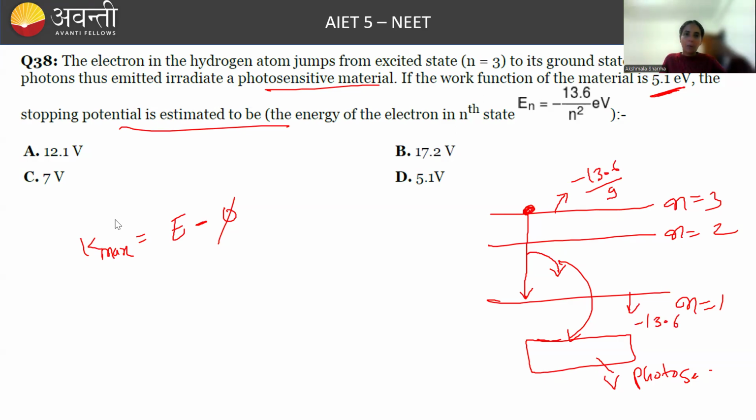So it is jumping from higher energy to lower, because with the negative sign it is given. Magnitude-wise this is less, but with the negative sign, this is higher energy than this, because this is more negative and this is less negative. So it will release energy, and that energy value is how much?